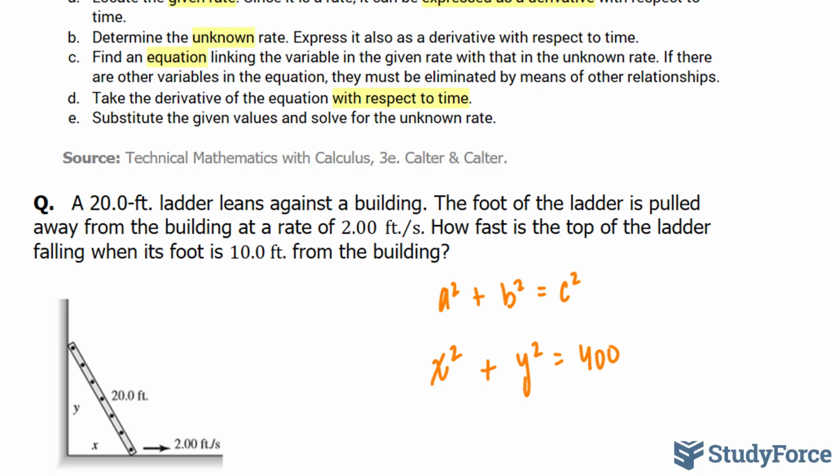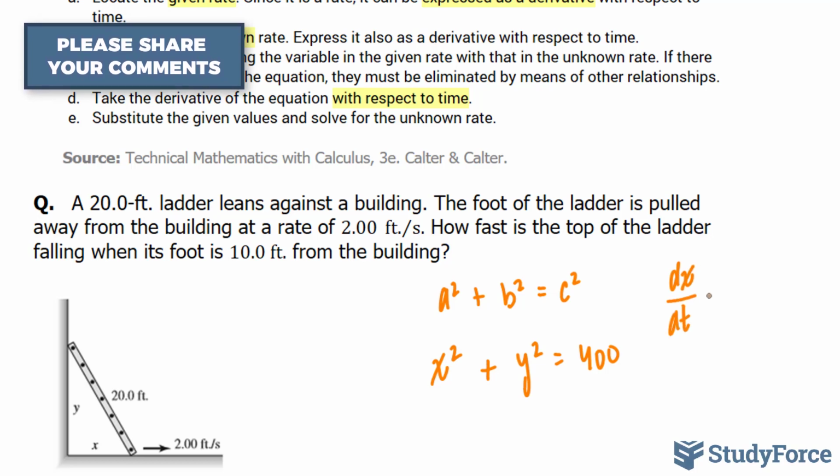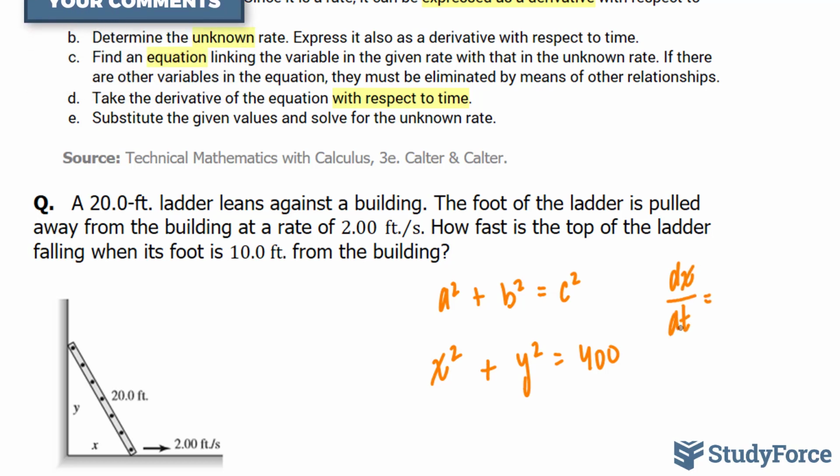And I'll also write down what I know. I know that dx over dt, the rate of change of x with respect to t, is 2. I know what x is equal to. x is equal to 10. So by substituting x is equal to 10 into this formula, I can solve for y, which will represent the height of the top of the ladder.